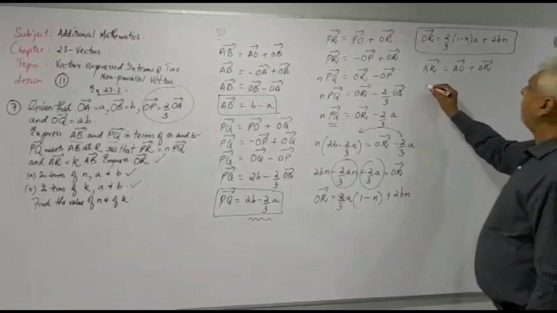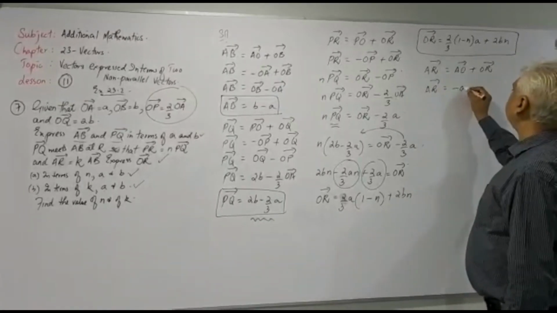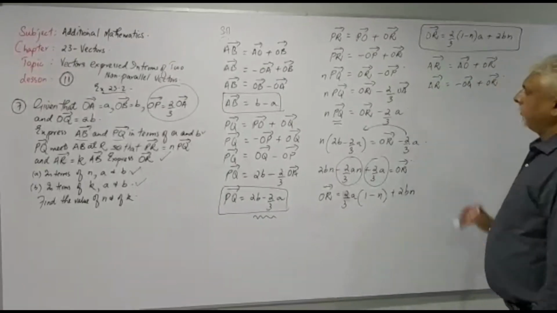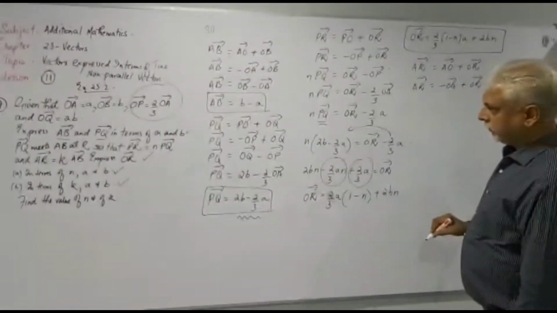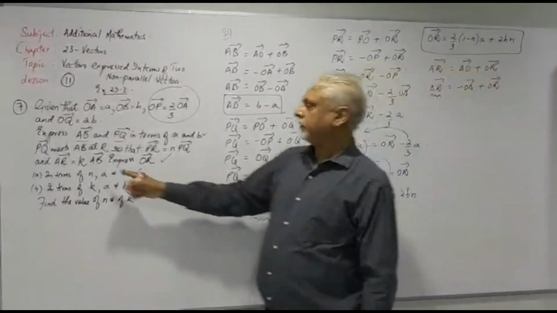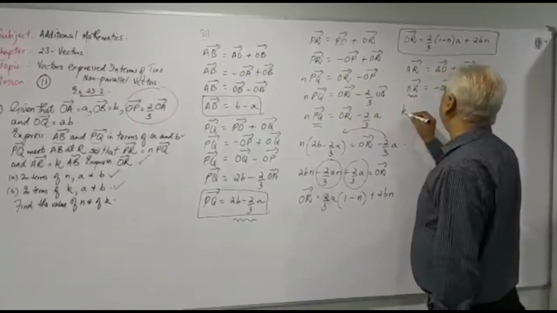So AR is equal to, if I change direction, minus OA plus OR. Now what is AR equal to? AR is equal to kAB.